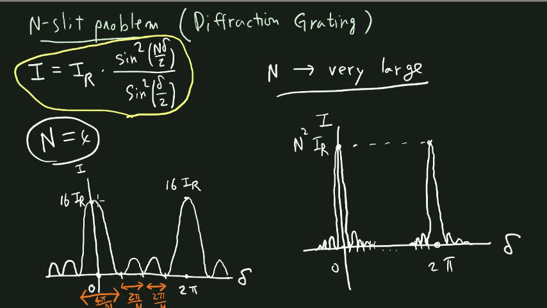So the principal maximum peak is not only the most intense, and it dominates the intensity as n goes to a very large number. Also, the width of the peak is twice as great as all the other small peaks in the spectrum.